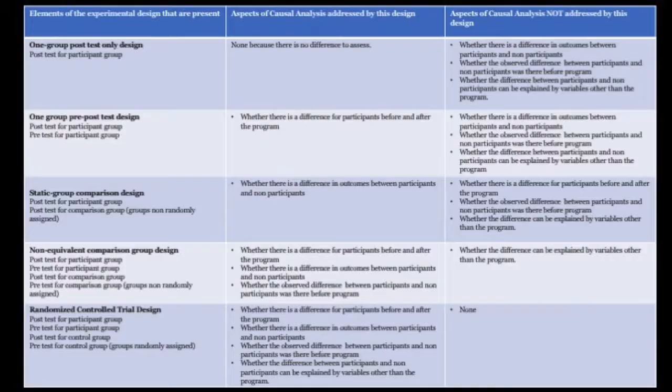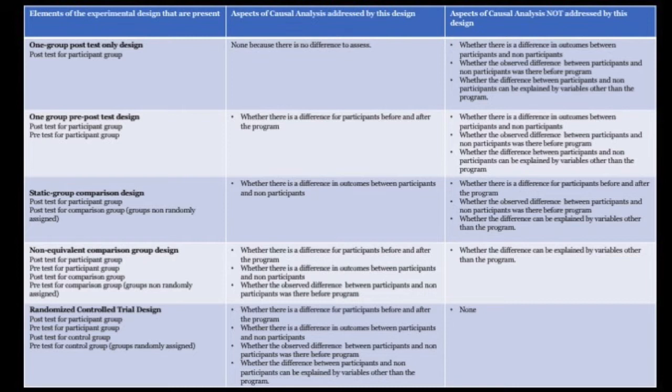Another type of design is the one group pre and post test design, where we have a pre-test for our participants, and after we do the intervention, we do a post-test for them. On this one, we can test whether there's a difference between participants when they started and when they ended the intervention, right?